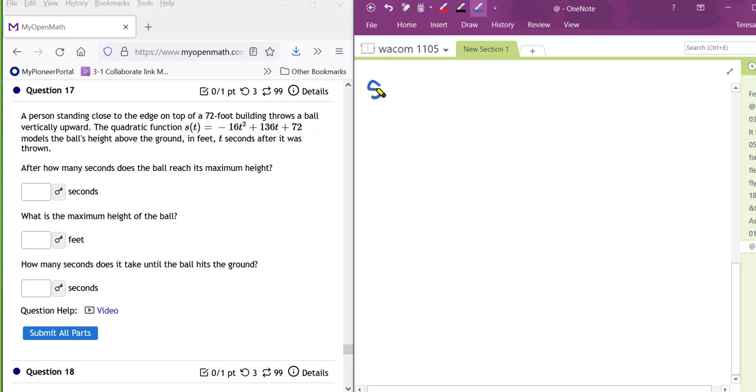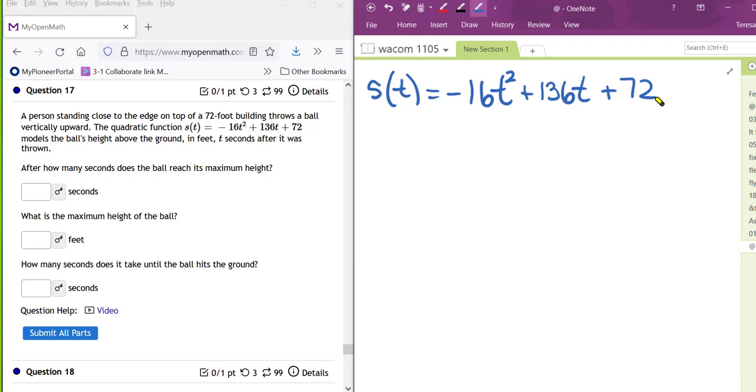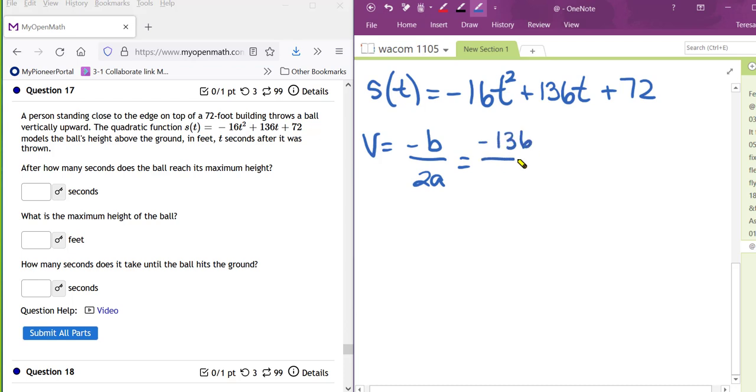So I have S of t equals negative 16t squared plus 136t plus 72. And we want the vertex. So we'll do negative b over 2a. So not such nice numbers. Negative 136 over 2 times negative 16.